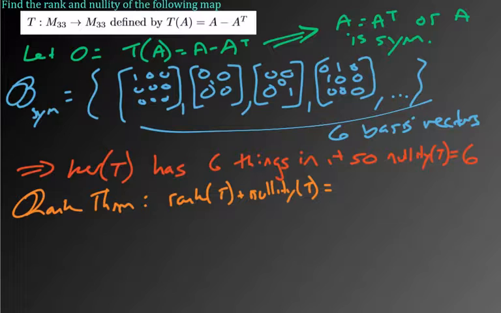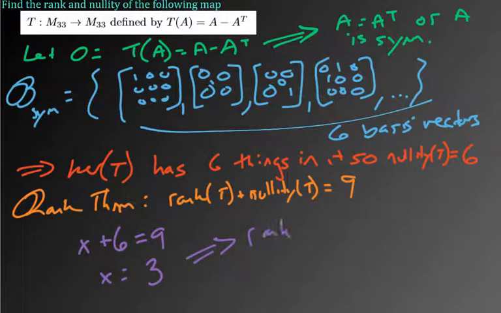So it has to equal 9. Then you get this brilliant math equation that says x plus 6 equals 9. If you move the 6 over, x is 3. So this implies the rank of this transformation is 3.